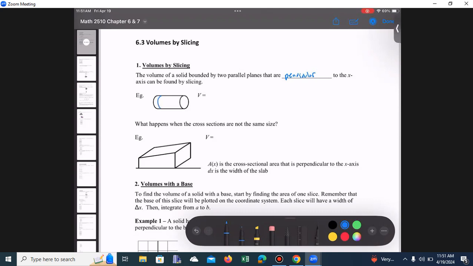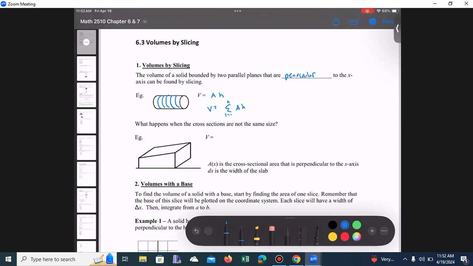We cut the cylinder into slices. Each slice is going to have an area of A and a height h. That's how you get the volume of one slice, and to get the volume of the whole thing, you add up all the slices. So we're looking at the summation of the area times height from 1 to however many slices.